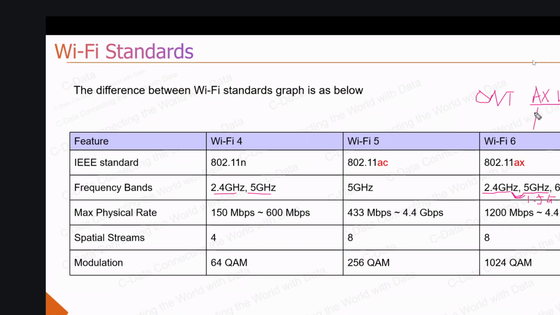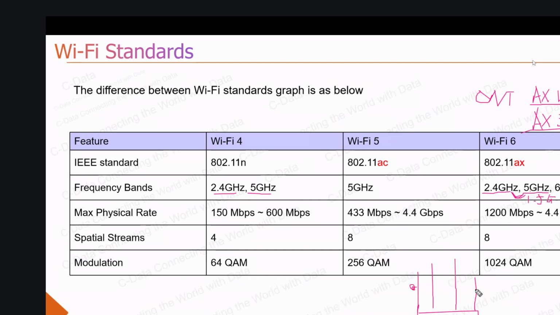And in another case, if 2.4 gigahertz and 5 gigahertz together can provide 3 gigabits of bandwidth, we call it AX3000. If you remember, when I introduced the C-Data ONT, we have 4 antennas, right?